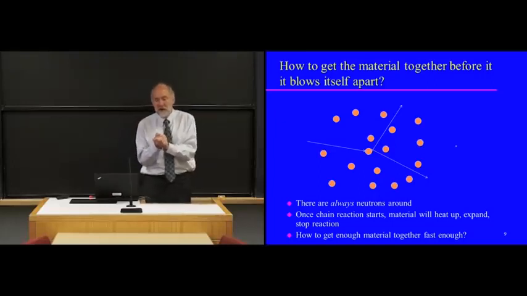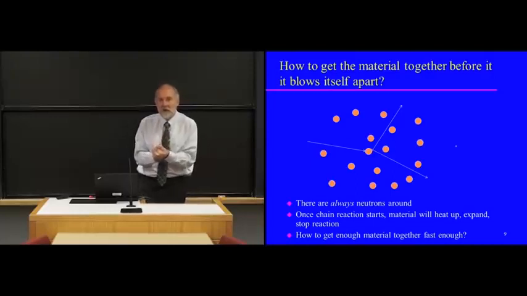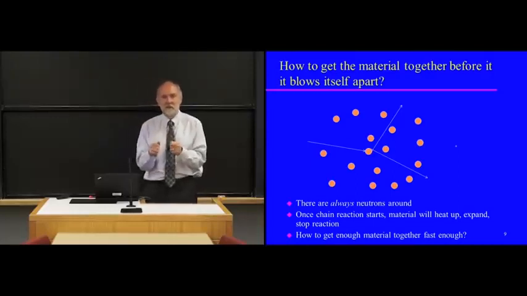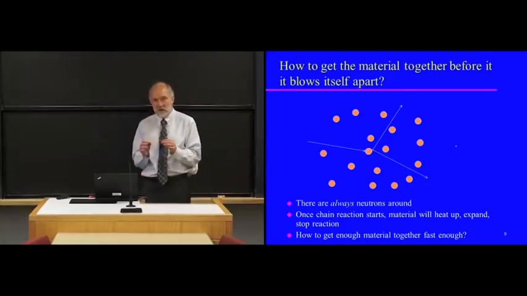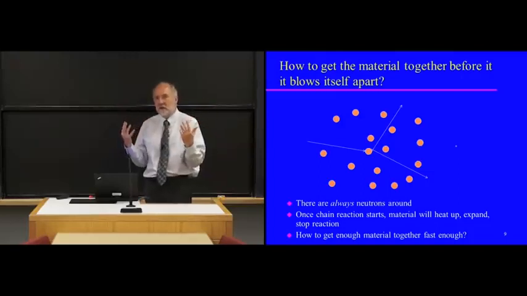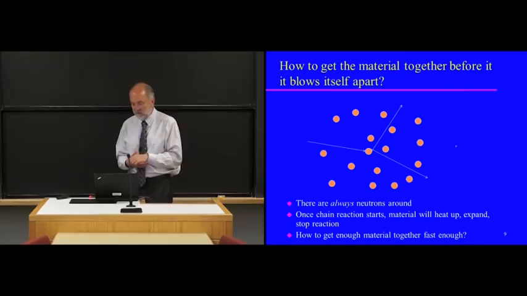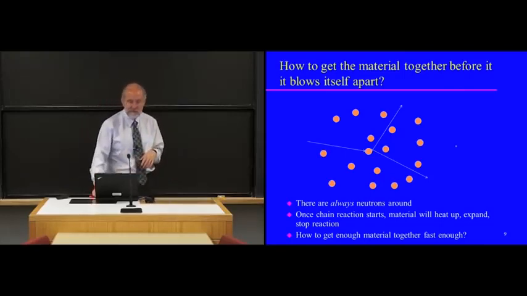So the key problem is, how do I get the material together into the form I want it in, a form that's really supercritical, that's way beyond what's needed for just a self-sustaining chain reaction, will give me an explosively growing chain reaction before it starts blowing itself apart. Okay, that's the key problem, getting the material together fast enough.